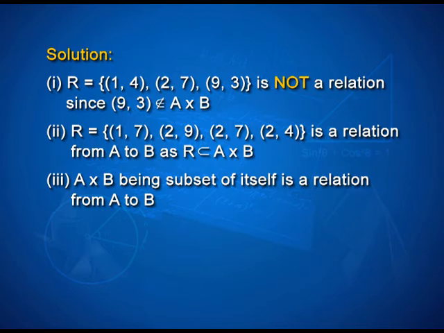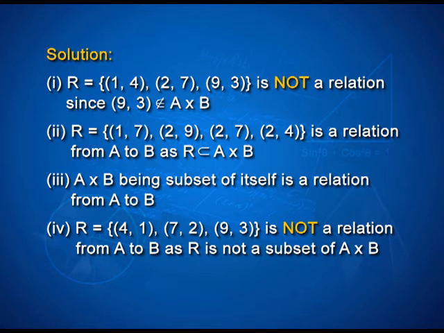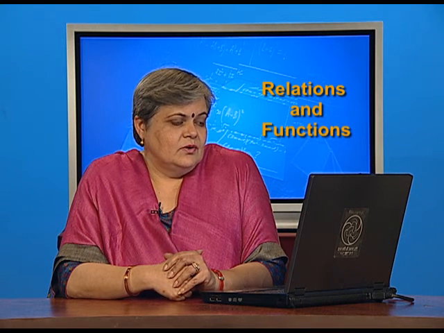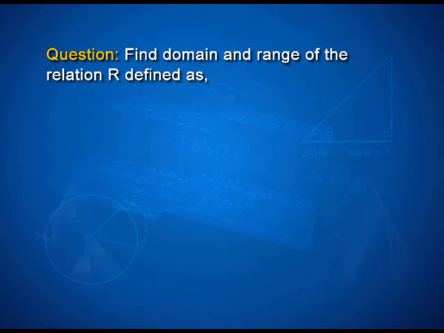A cross B being a subset of itself is a relation from A to B. Again, our last example there, R which is (4, 1), (7, 2), (9, 3), is not a relation from A to B, as R is not again a subset of A cross B. So, definition is just what is more important, and to identify whether a given collection is a relation or not, you need it.